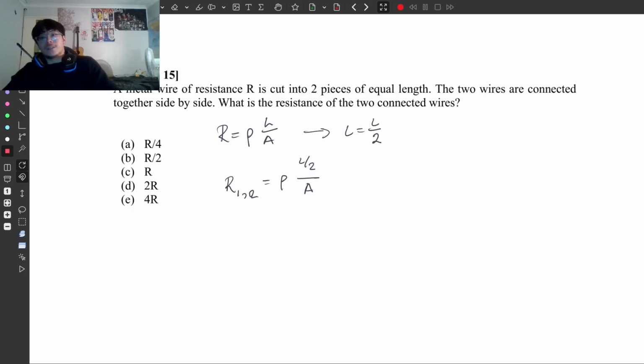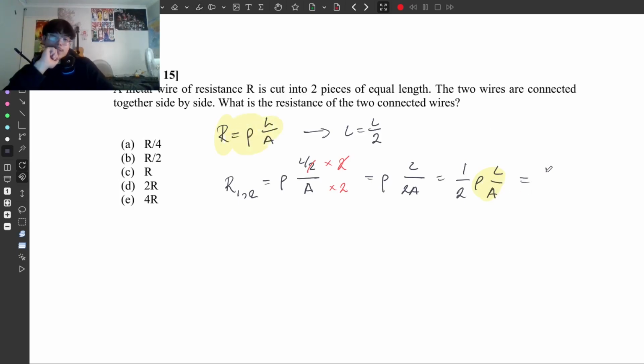Now, we can times both the up and down by 2, and we notice that this cancels with this, meaning that this is rho of L onto A, which is equal to 1/2, because we can take the half out, rho L on A, and we notice that this term here is exactly this guy here.